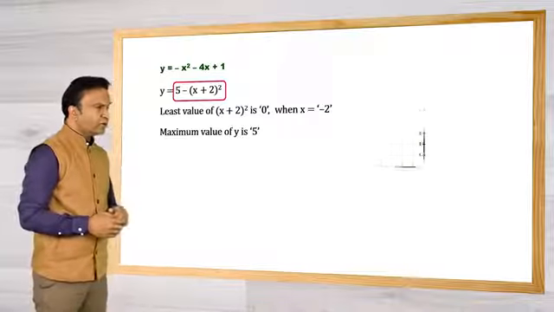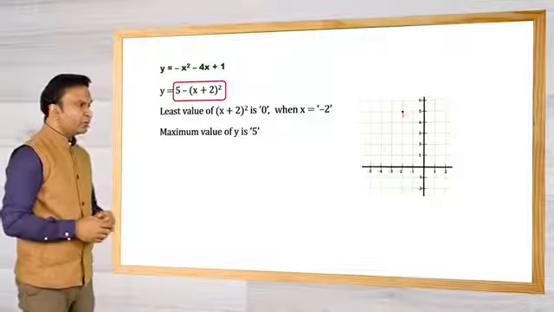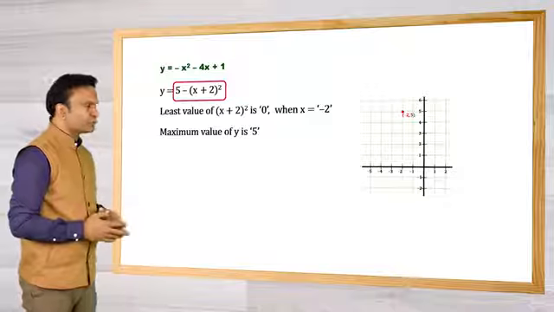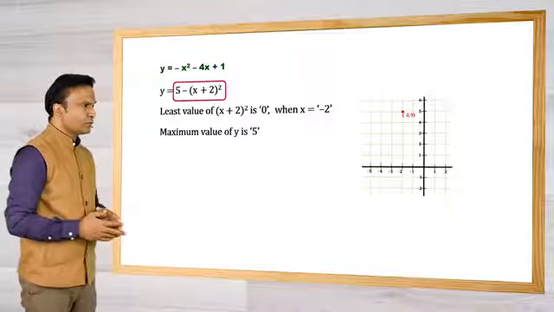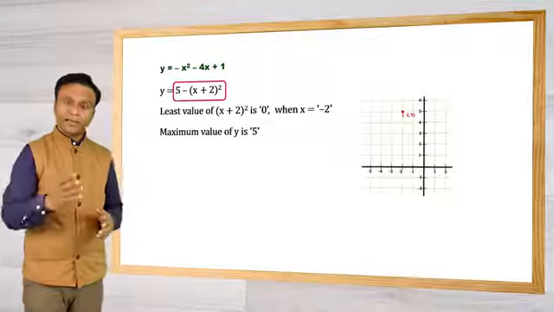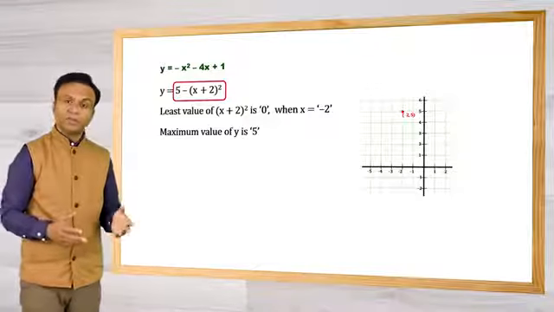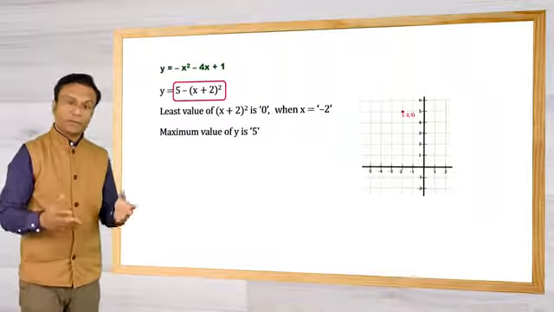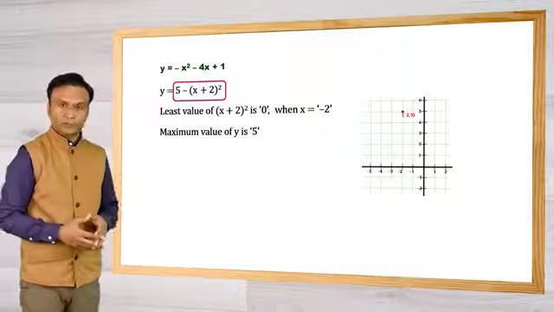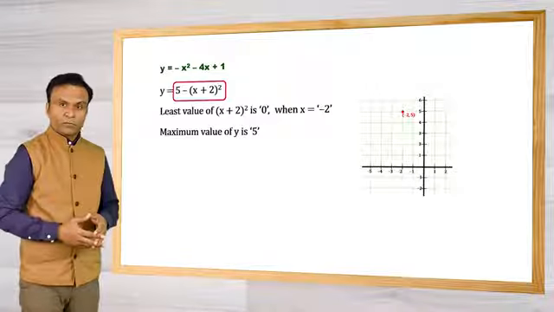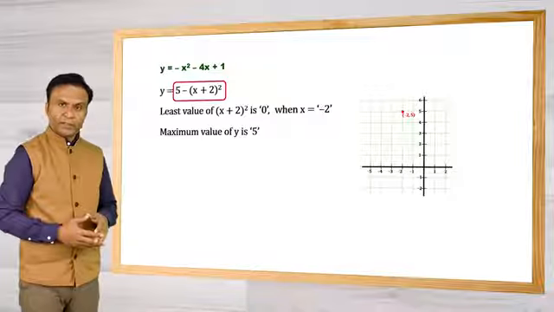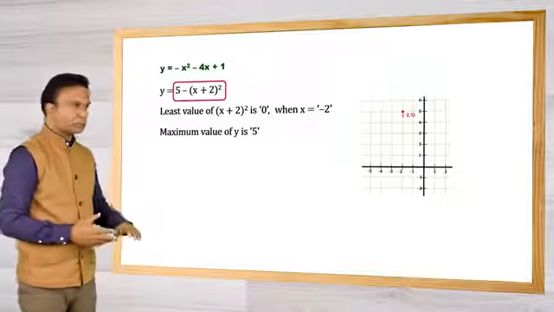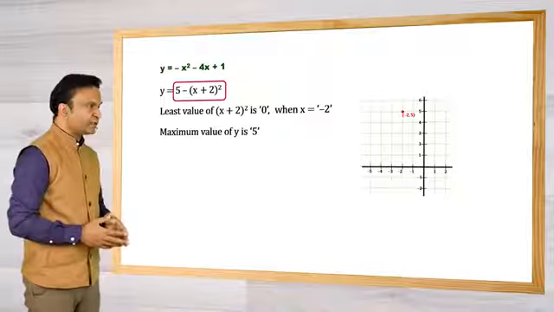So on the graph of the function we have the point (minus 2, 5). This point is the highest point on the graph because y = 5 is the maximum value of y. So from this point the graph moves downward. So we have the graph like this.